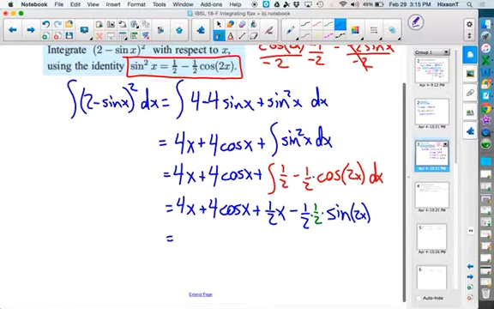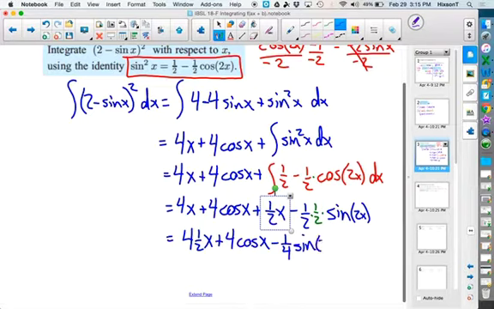Here's 4.5 x. So 4.5 x, or 9x over 2 if you want, plus 4 cosine of x minus 1/4 sine of 2x.